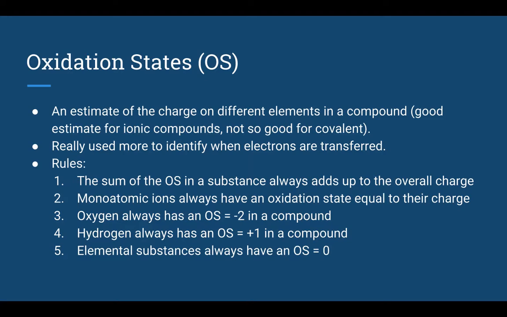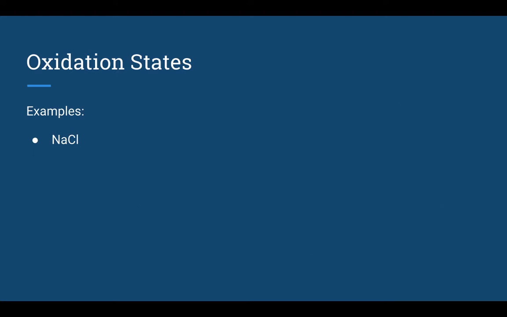It's actually 0 if it's an elemental substance. And the last one, and this is kind of an iffy one, the halides are usually -1. And I know nobody likes to have rules that use words like usually or that kind of vague language, but it can be useful sometimes. But really, rules 1 through 5 are the ones that you use most often, and there are very few exceptions to those rules. Some examples.